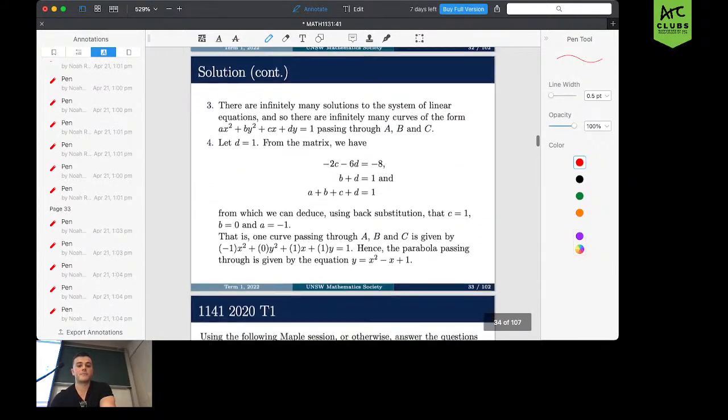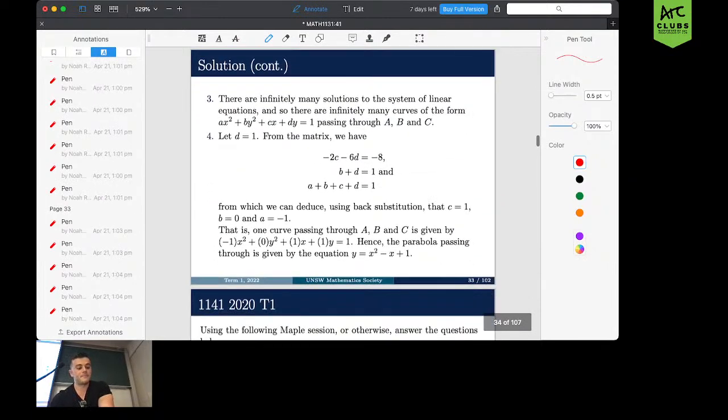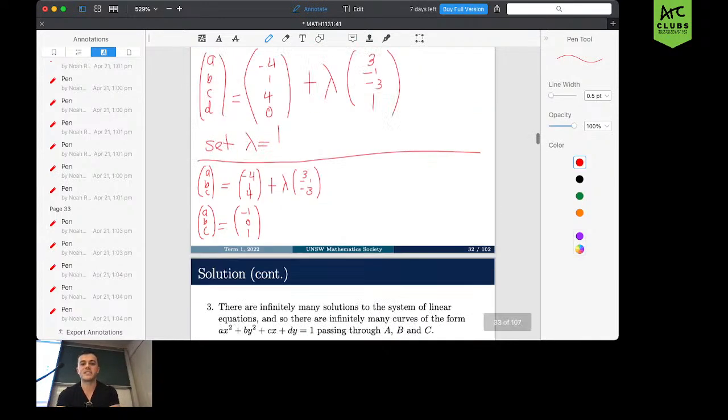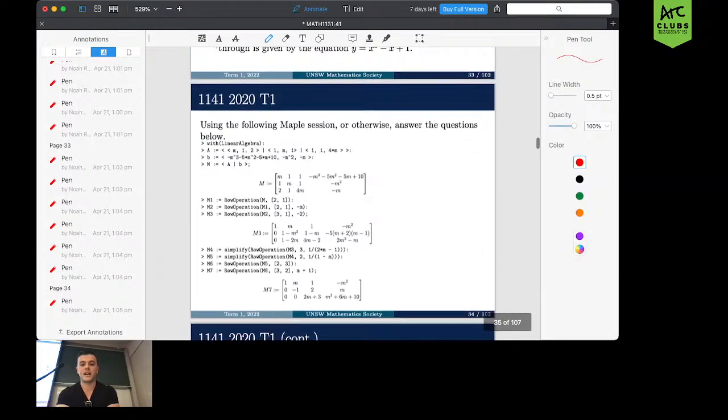If you scroll up, you just sub in A, B, and C, and then D as well, right? Once you sub that in, rearrange to make y the subject, so you're going to get 1y here. Rearrange to make y the subject, and you'll see that you'll get a parabola in terms of x. I do apologize for that. I must have made a mistake somewhere up here.